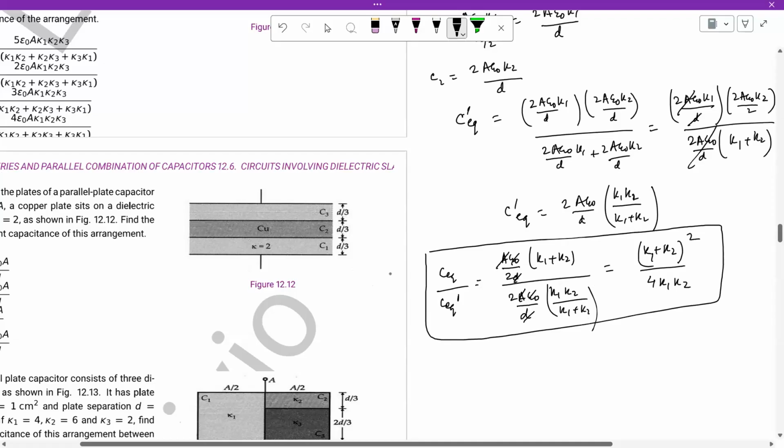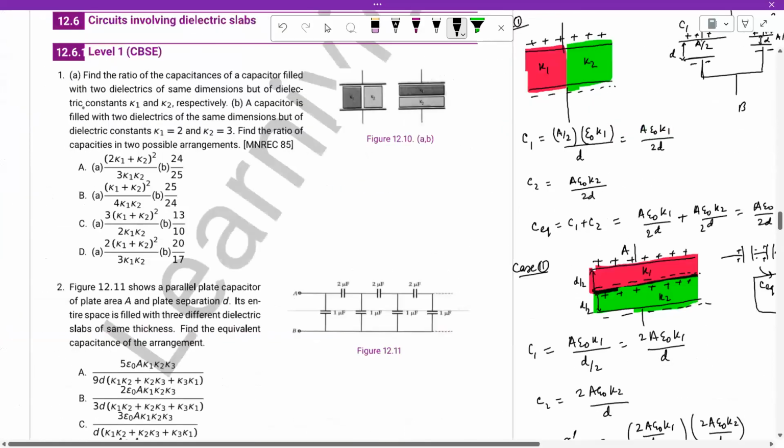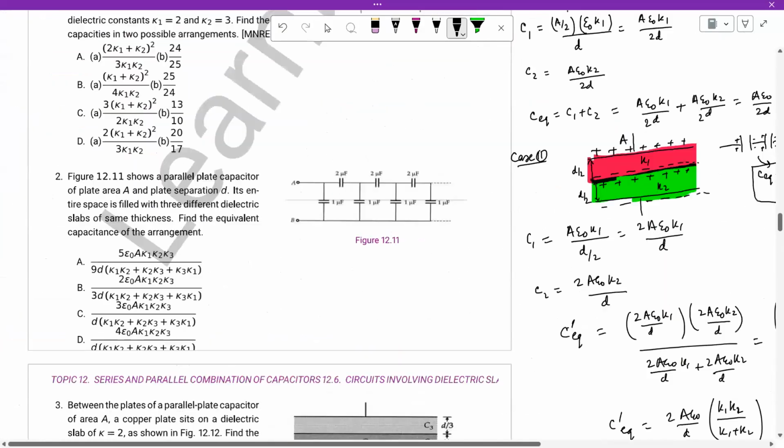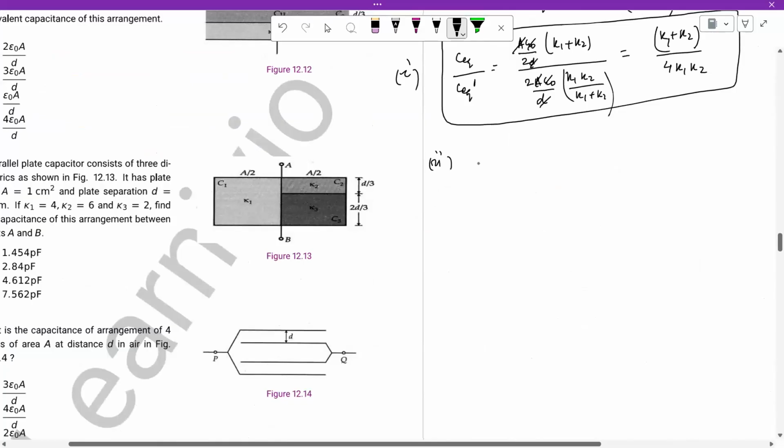And this is the first part. Second part, they were asking that if K1 is 2 and K2 is 3, then the ratio would be 2 plus 3 square divided by 4 into 2 into 3.